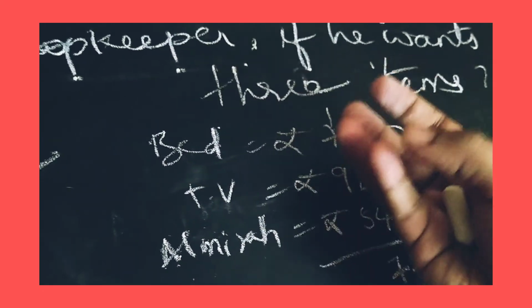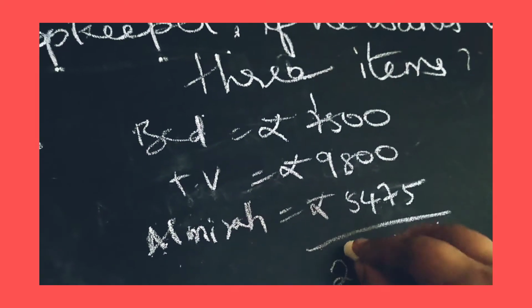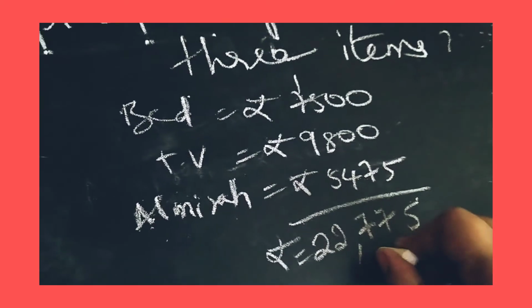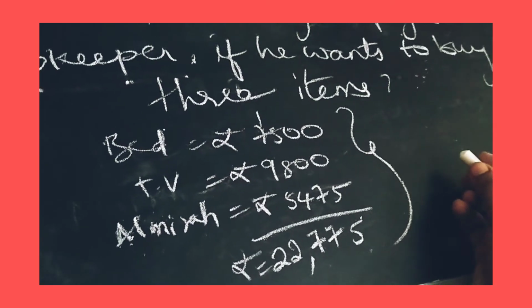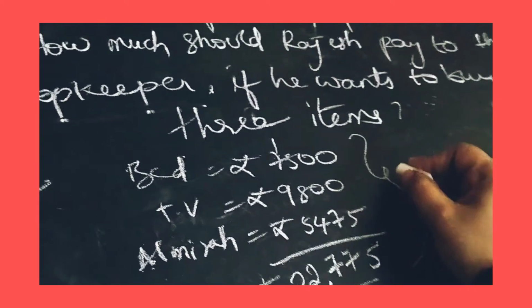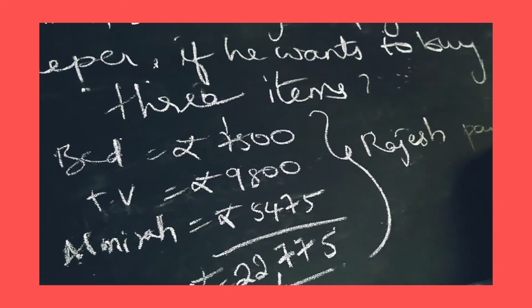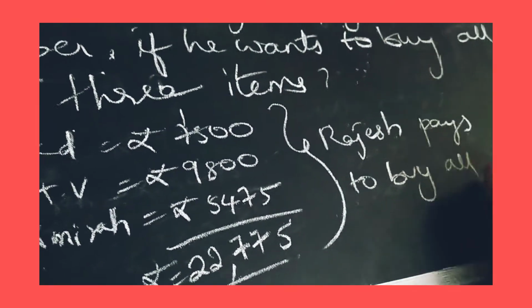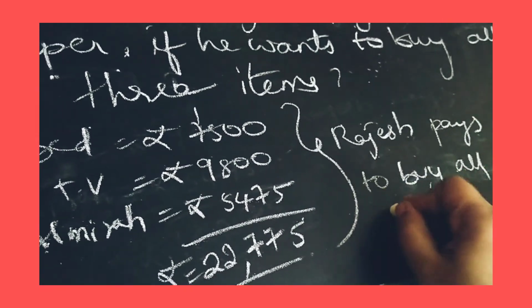Then 15, 16, 17, 18, 19, 20, 21, 22. So it is 22,775. Okay, so the total of 3 items is 22,775. Rajesh pays this to buy all items.